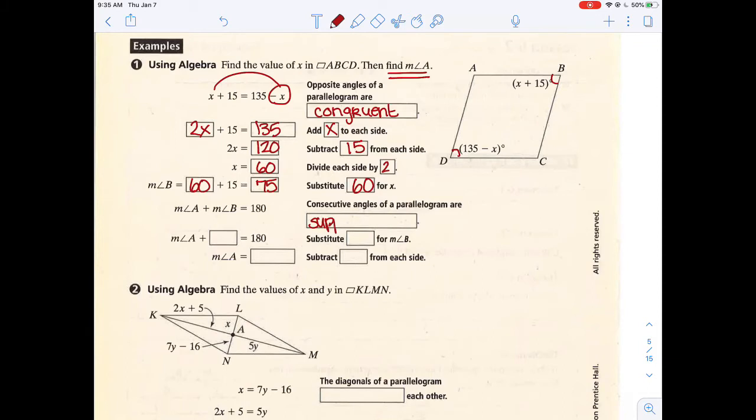That's what we just wrote down at the bottom of that last page. And we know angle B is 75, so we're going to substitute 75 for the measure of angle B. Then if we subtract 75 from each side, we are left with 105. So the measure of angle A is 105. Okay, so we set these equal to each other because they're opposite, figured out what x was, got B, and then used that to solve for A.